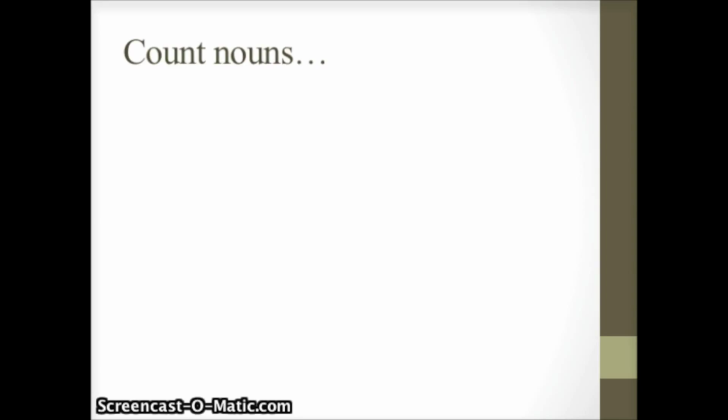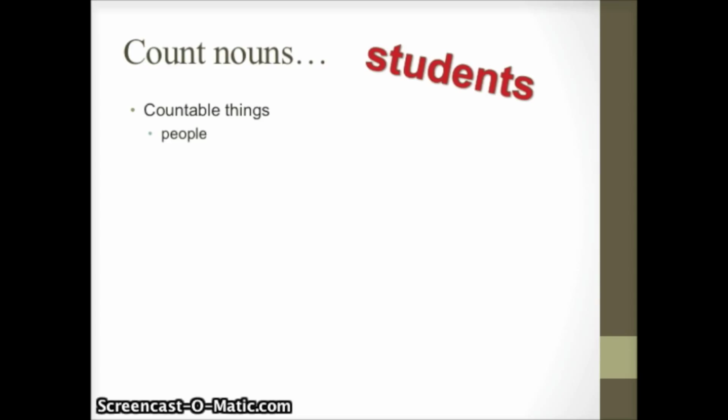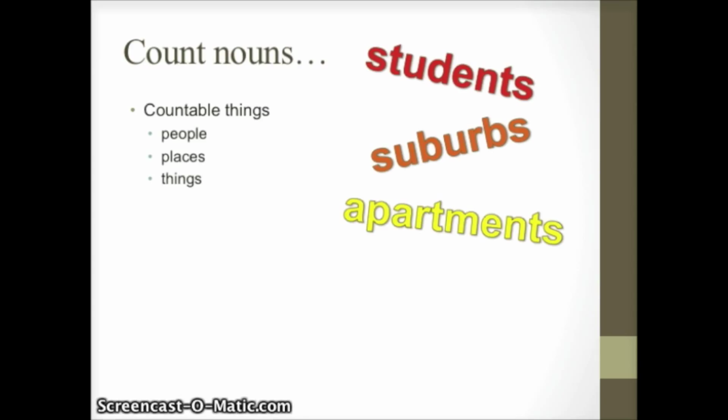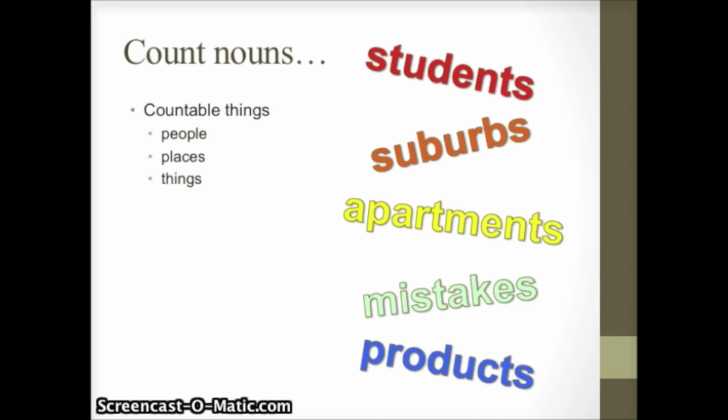When talking about nouns, people, places, or things, and when referring to one or many of the items, we generally are talking about countable things. These things are things such as students, suburbs, apartments, mistakes, products, and so on.